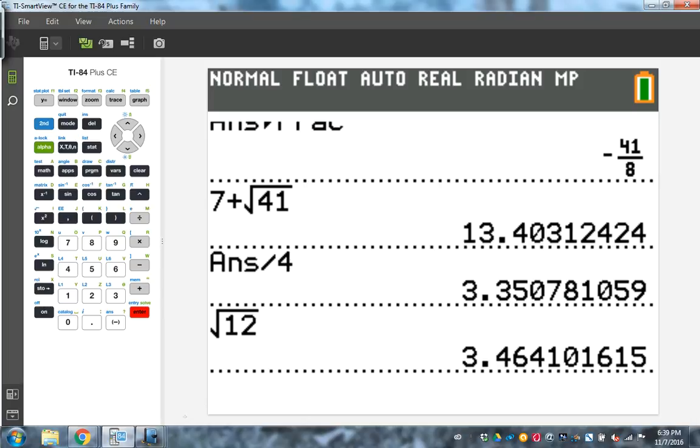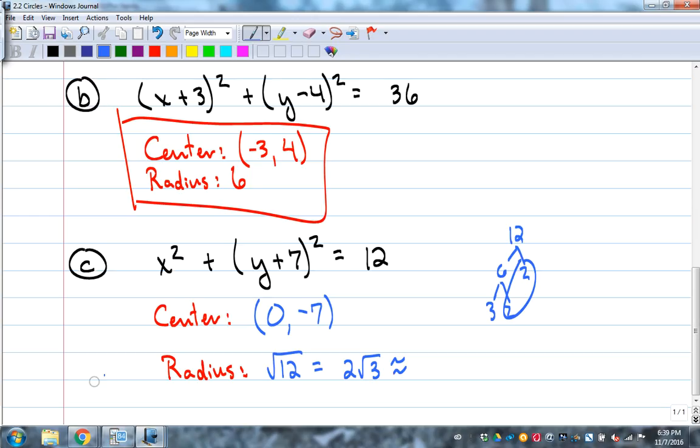Yeah, 2 decimal places would be great. 3.46. So 2 radical 3, and the decimal equivalent would be almost 3.5. Okay. Not bad. So that's going from the equation giving me the radius and the center out of that.